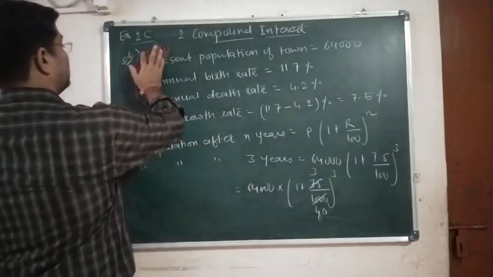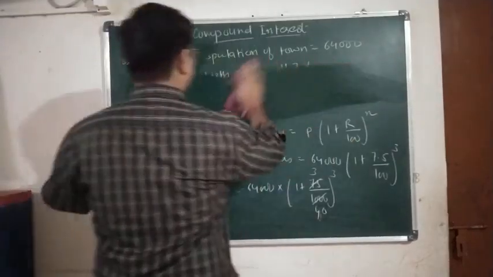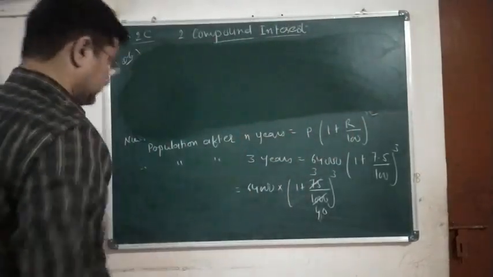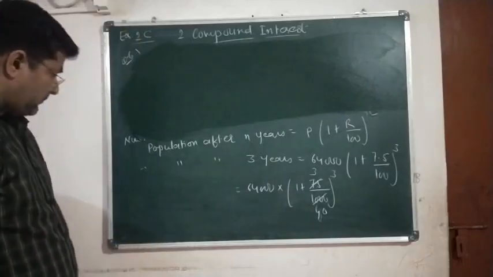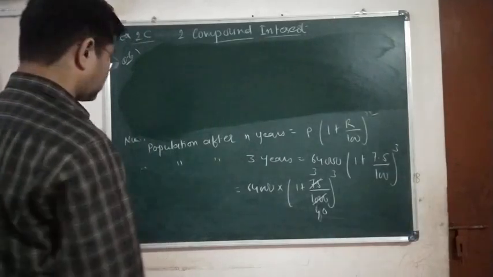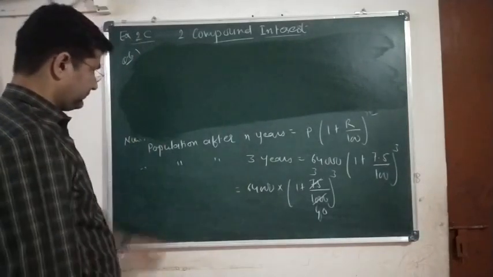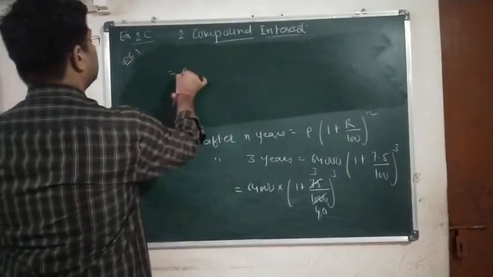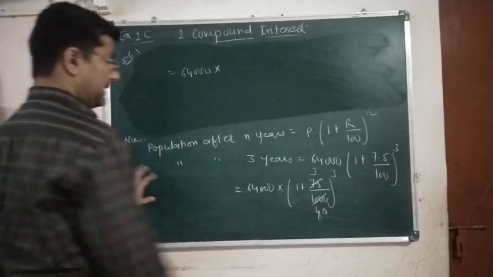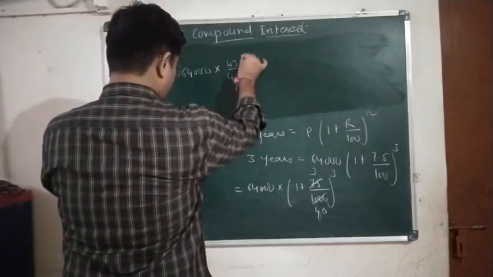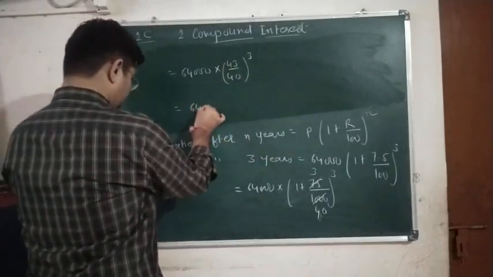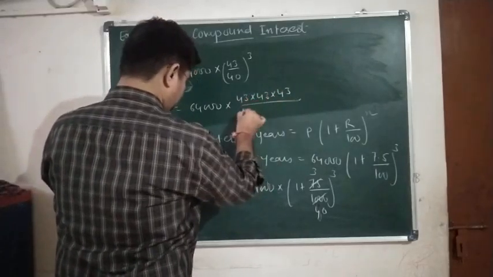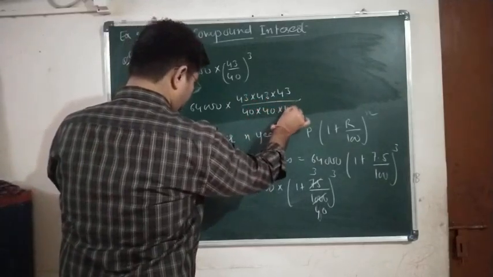Next calculation we will write down over here. Okay, so 64,000 multiplied by 43 upon 40 raised to 3 is equal to 64,000 into 43 into 43 into 43 upon 40 into 40 into 40.